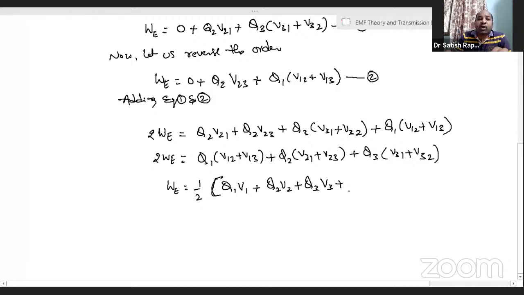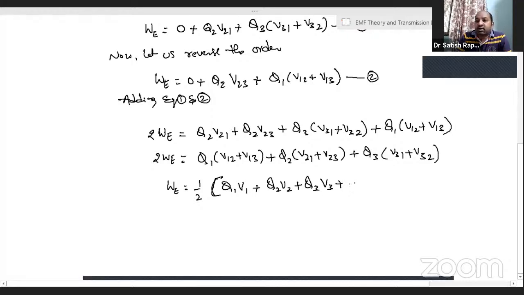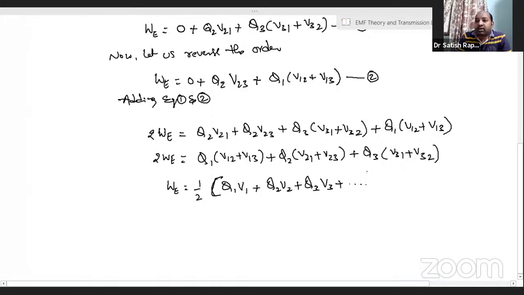If n number of point charges were considered, then Q1 V1 plus Q2 V2 plus Q3 V3 plus Q4 V4 and so on, right?